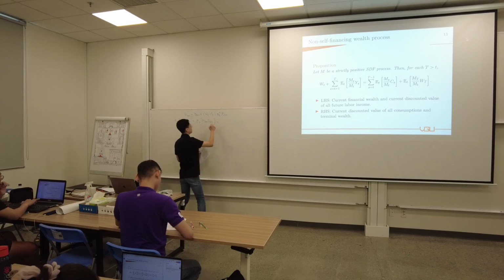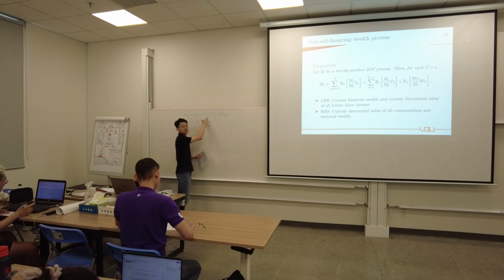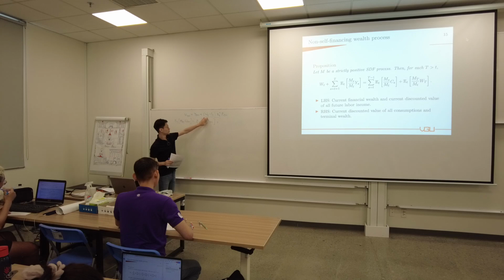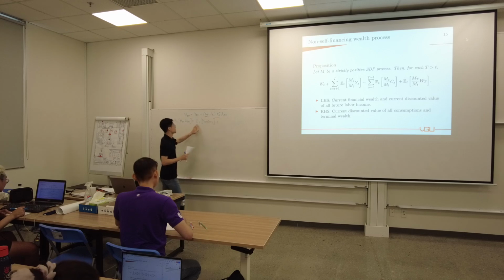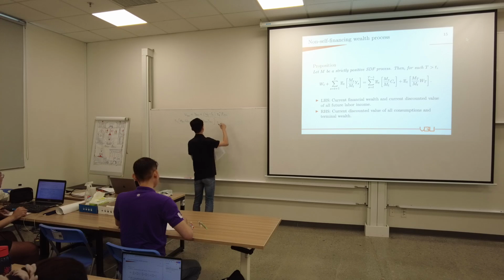We have these three terms. They have subscript tau, they are date tau, and the date tau information is known already. So when we take the conditional expectation, we can take them out of the expectation operator.